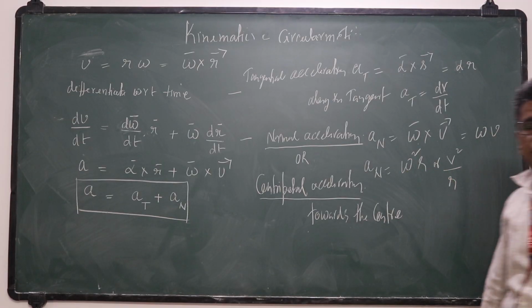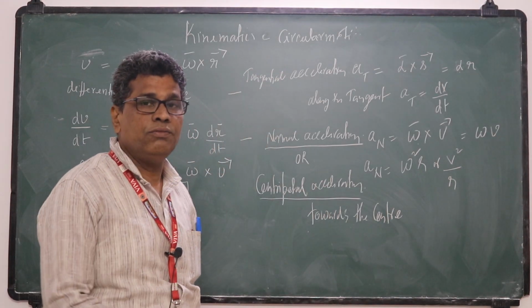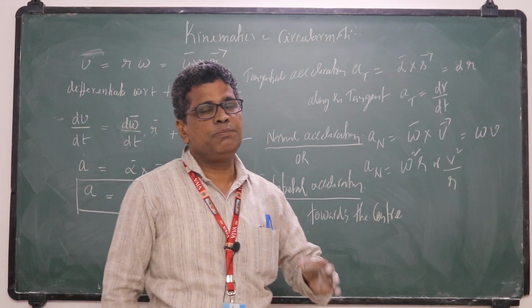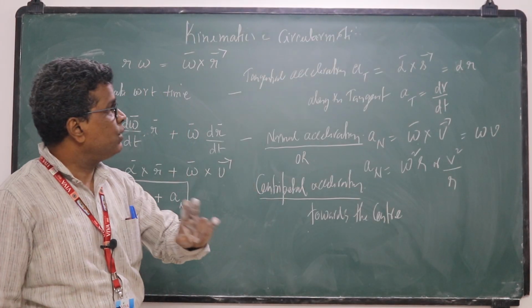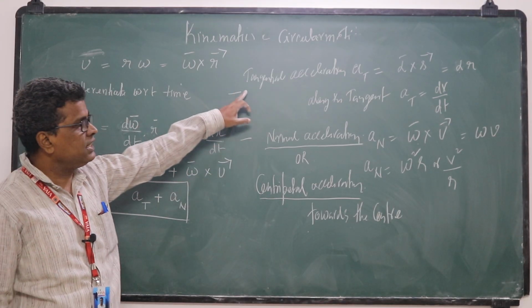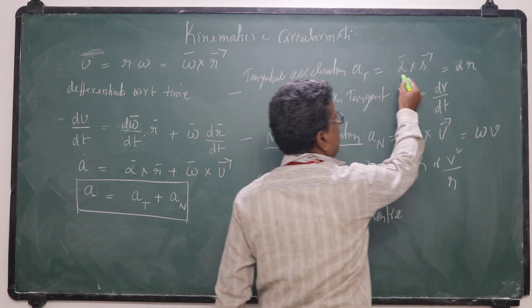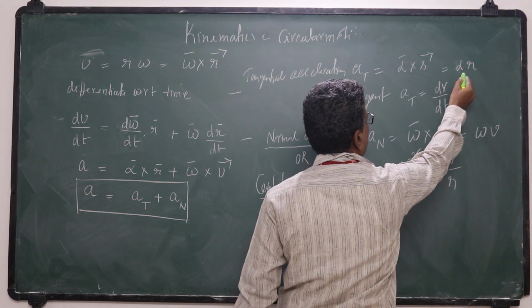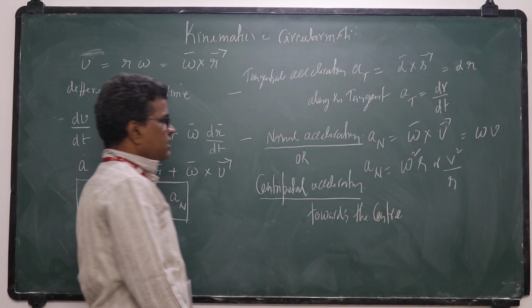So when a particle moves in a circular path with variable speed, it has two components of acceleration. The first one is tangential acceleration, given by alpha cross r bar, or alpha r, or AT equal to dV by dt.